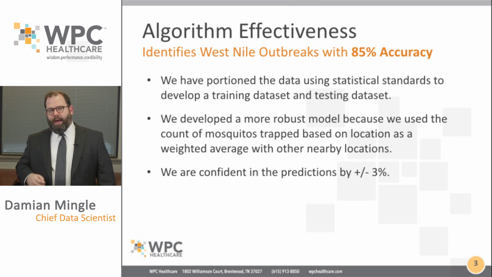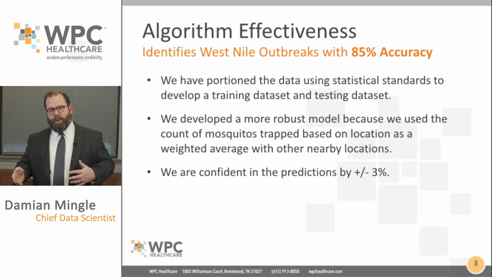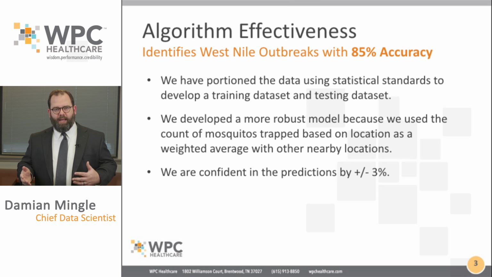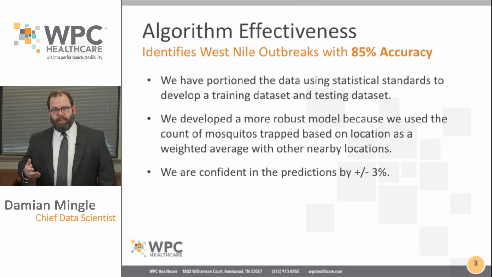With regard to the algorithm's effectiveness, currently it's able to predict with 85% accuracy using area under the curve. Where we look at true positives, true negatives, false negatives, we're able to use a confusion matrix to decide just how well the algorithm is actually doing. We've done this using sound methods, some of which are listed here.